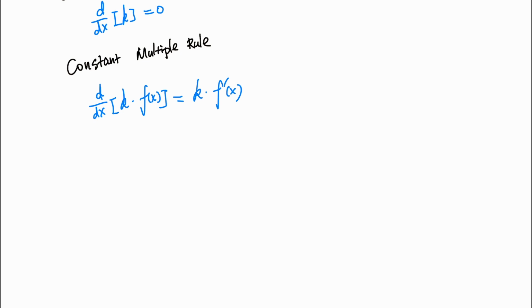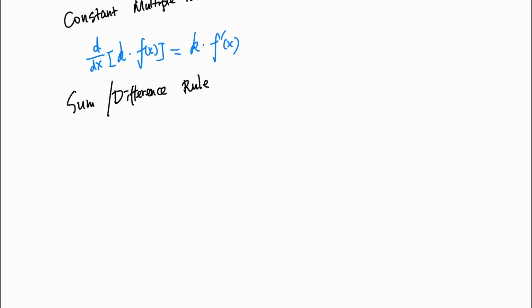And the last rule is the sum and difference rule. And that would just be the derivative of f of x plus or minus g of x. We can just separate them to be f prime of x plus or minus g prime of x.